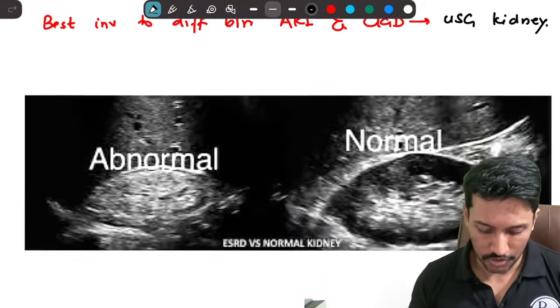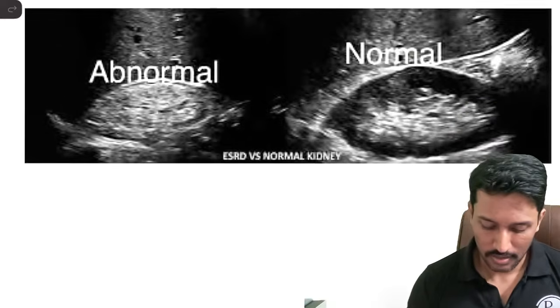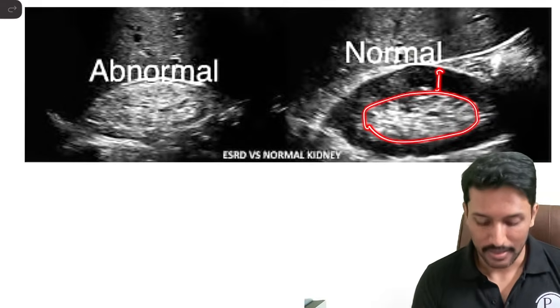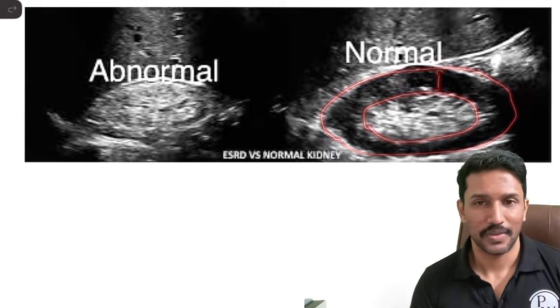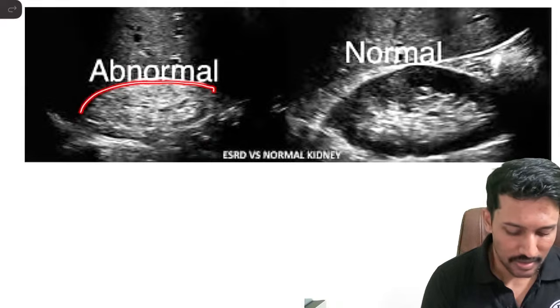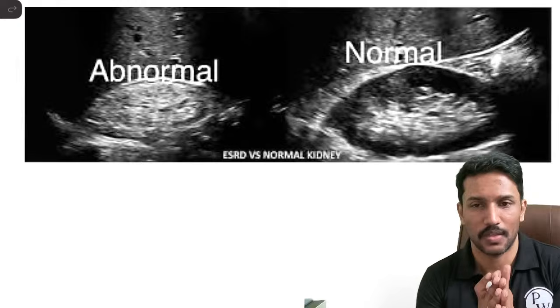Right? You see in this image, this is a normal sized kidney. And as you see here, you can see there is a clear differentiation between the cortex and medulla, and the size of the kidney appears normal. Now compare that with another kidney here, where the kidney is smaller in size and the cortex and medulla differentiation is lost.